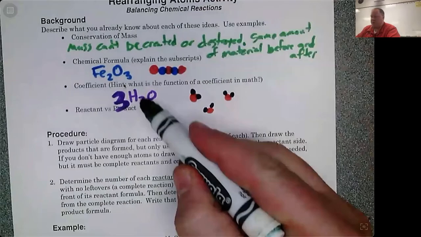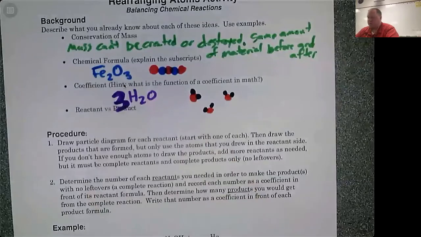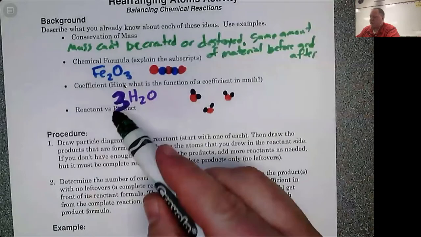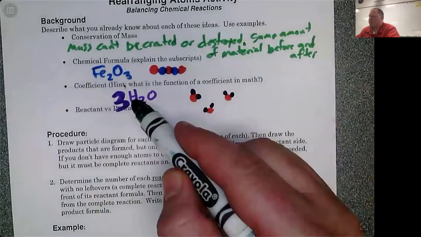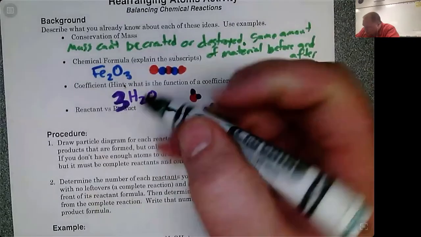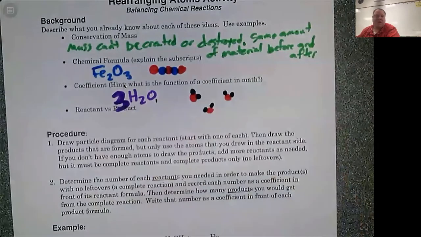The 2 is a subscript for the formula. Okay? So we've got 2 different numbers here. The 3 in front tells how many water molecules we have. The 2 tells me how many hydrogens we have. And then technically there's a 1 that we don't bother writing there. That's 1 oxygen. So we've got 6 hydrogens total here, 3 oxygens total here, 3 water molecules, each with 2 hydrogens and 1 oxygen. Okay, that's what all of this means.